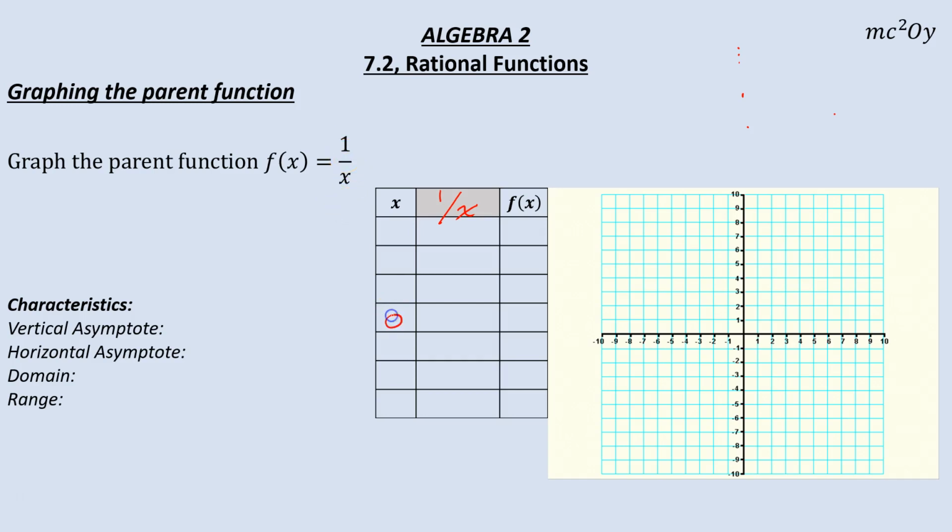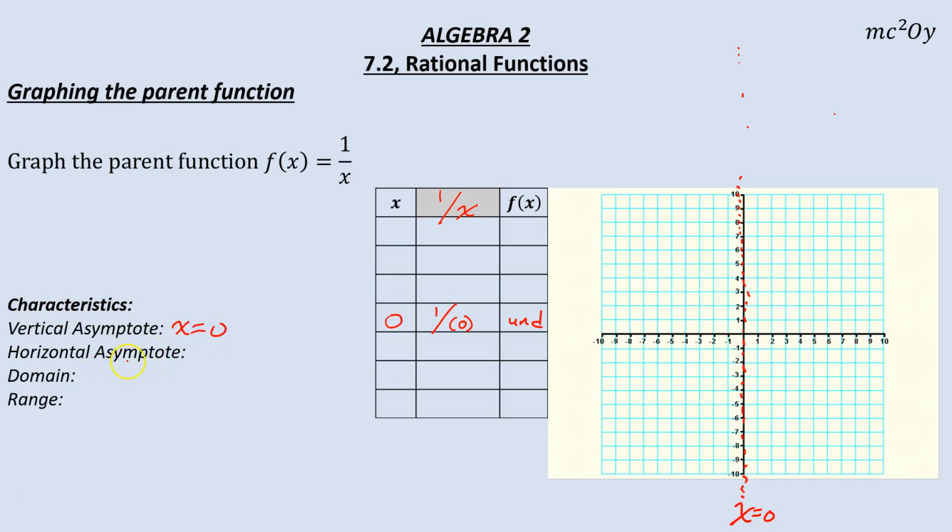So I'm going to put that asymptote right here. On a graph, we show that by using a dashed line. Here is my vertical asymptote. It's at the equation x equals 0 because it goes through the x-axis at 0. So the vertical asymptote is x equals 0.